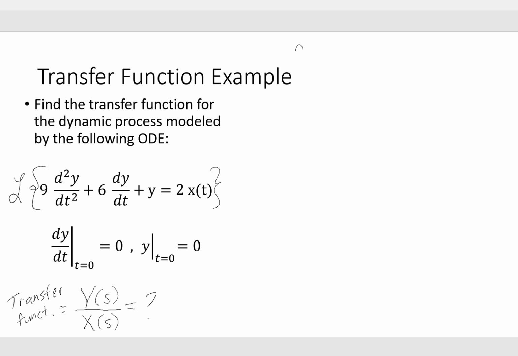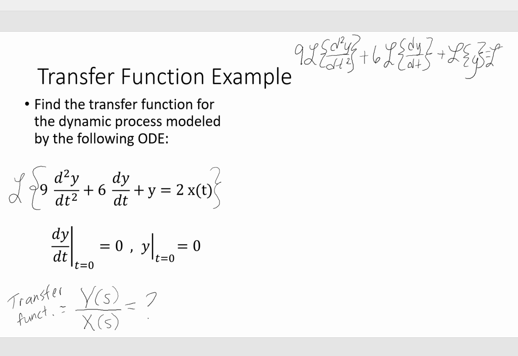So now in the first step, I'll end up with 9 times the Laplace transform of the second derivative of y with respect to t, plus 6 times the Laplace transform of the first derivative of y with respect to t, plus the Laplace transform of y, and this is all equal to the Laplace transform of 2x, which is a function of t.